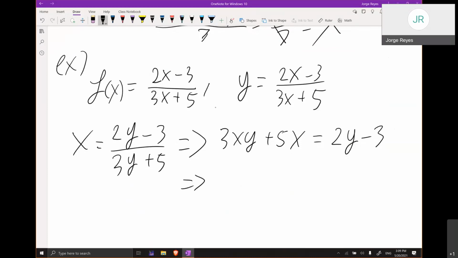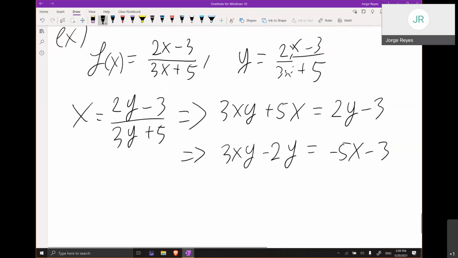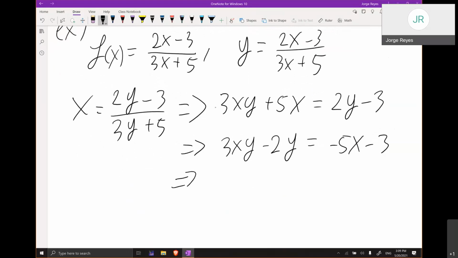The y's and the x's, so 3xy minus 2y equals negative 5x minus 3. Factor, so let me move this over here. y times (3x minus 2) equals negative 5x minus 3.